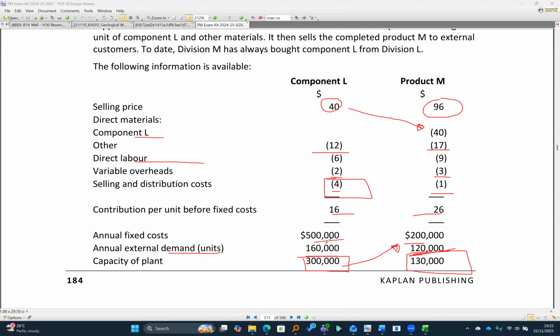And the annual external demand is 160. So looks like you still have enough capacity to supply both the external customers, but also product M. So some of those things I'm hinting about, we are going to discuss them later on, but it's always good to pick them up when you are reading.